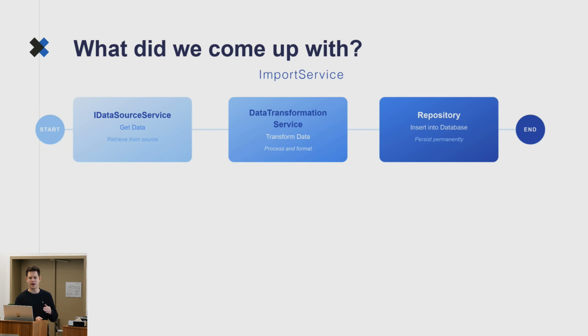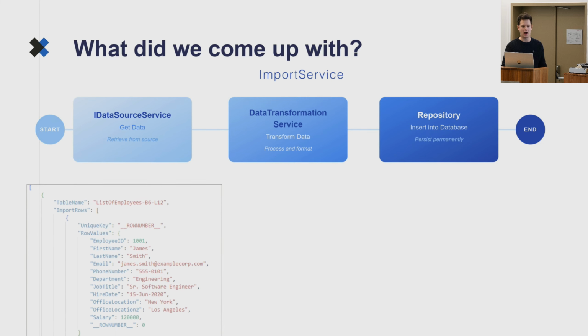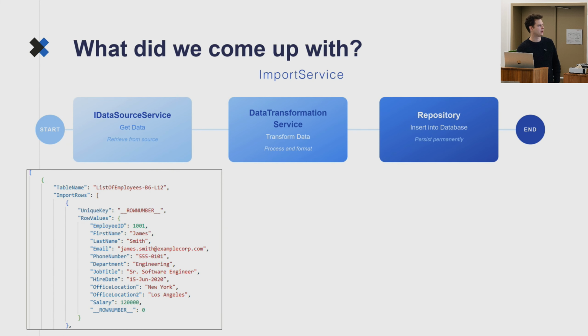So the solution, as I already described, is one import service which takes an IDataSourceService, which is responsible for obtaining the data. The data are retrieved in this format. Basically, there is an import table and import row. Import row contains all the values that will be used in the import stage.